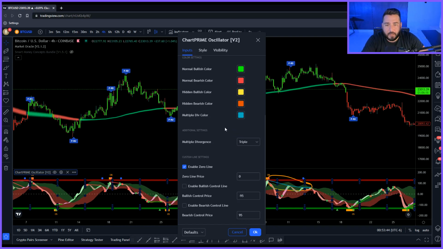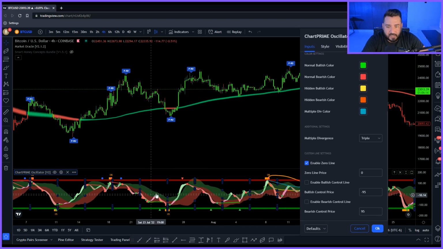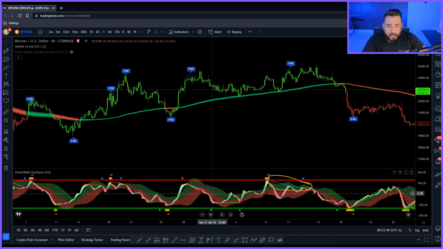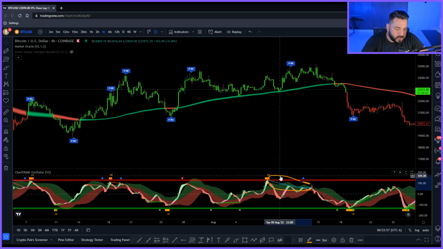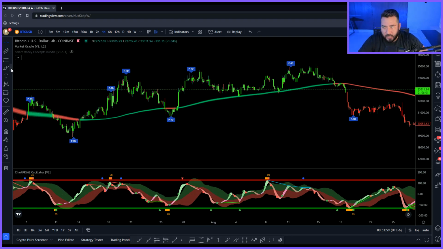Another thing that I'm going to be changing in the aesthetics is the zero line that is located right here. This little dotted line, very shy dotted line here. And I'm also going to be adding two extra lines. Those lines are personal lines. They are not automatic. Basically, you decide where to place them.